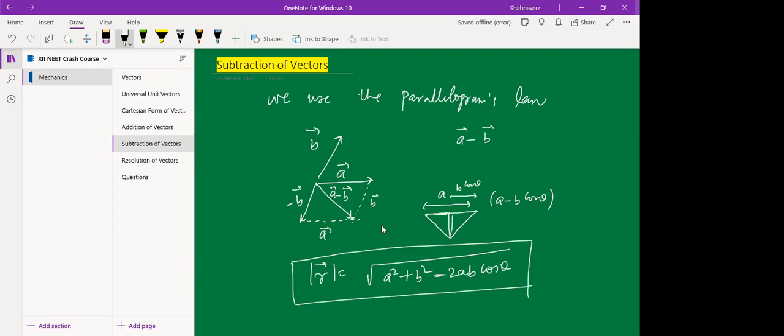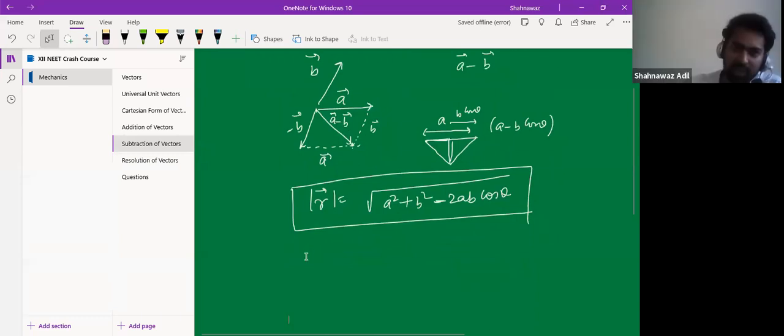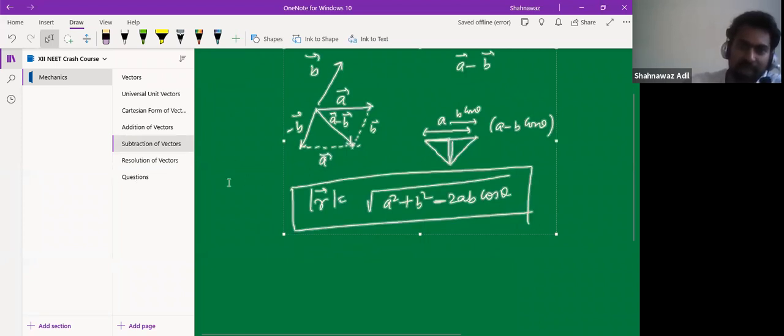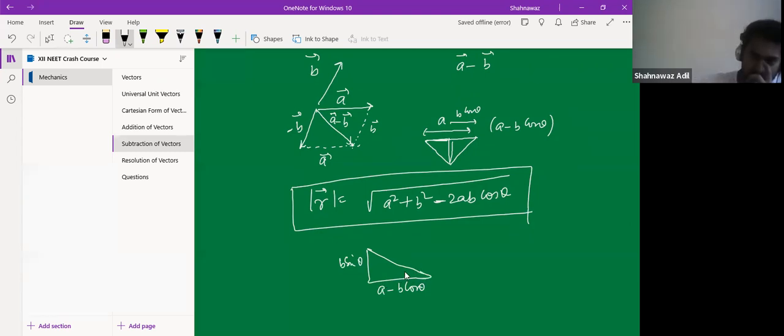Understood? The formula for direction will be the same? No. For the direction, the base is B sine theta, and this is A minus B cos theta.